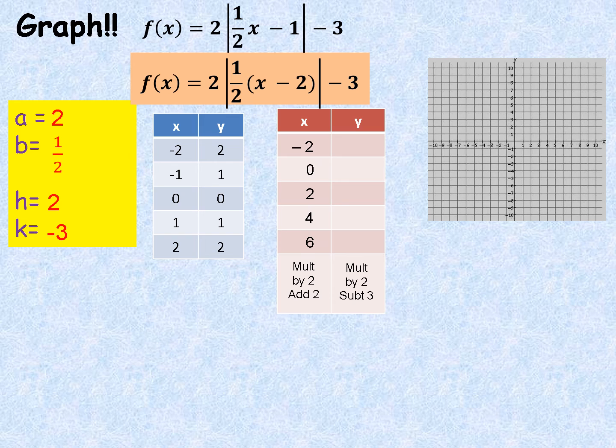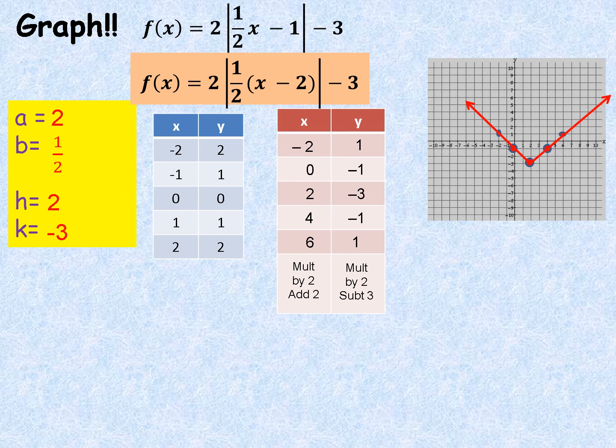So 2 times 2 is 4, minus 3 is 1. 2 times 1 is 2, minus 3 is -1. 2 times 0 is 0, minus 3 is -3. 2 times 1 is 2, minus 3 is -1. 2 times 2 is 4, minus 3 is 1. So what I'm going to do is plot these 5 points, and then connect the dots.